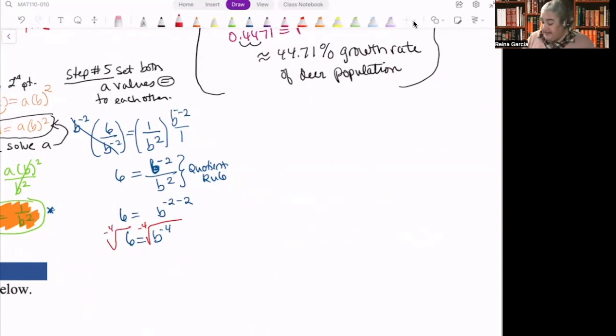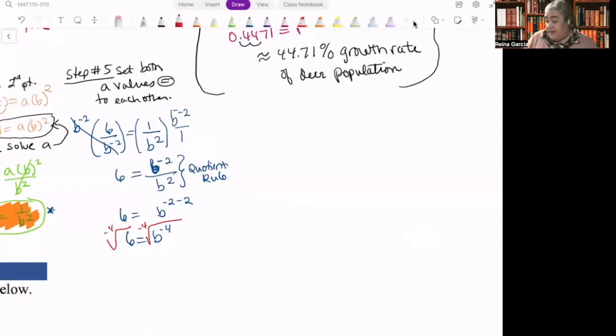So that means that this now is just b, and it equals 6 to the negative 4th root. Now this here, we have to rewrite in exponential notation. We remember that we take our base, which is 6, raised to the power that it's being raised to.